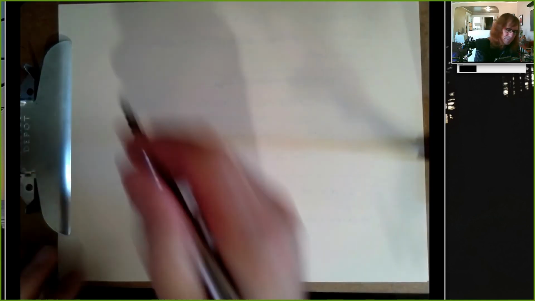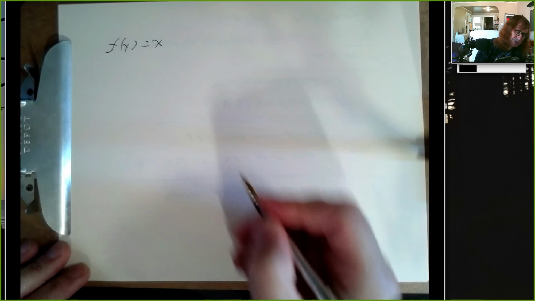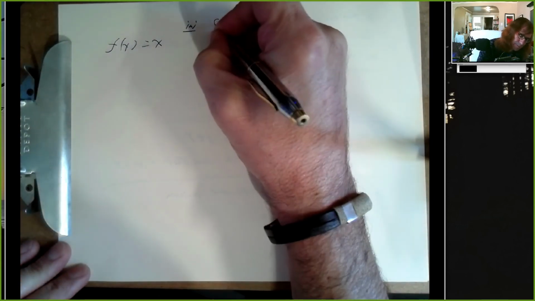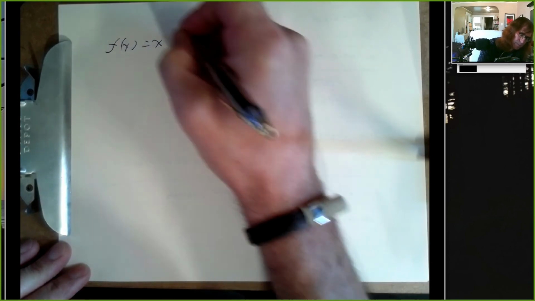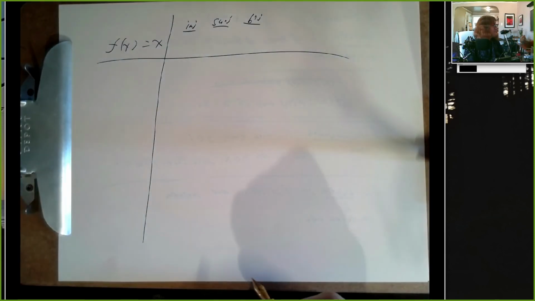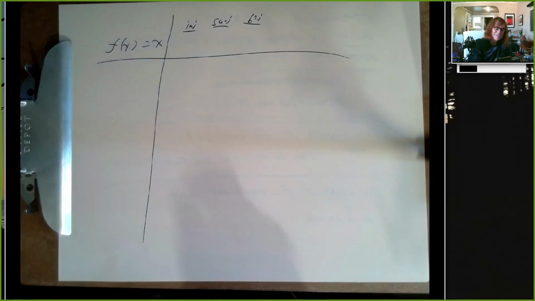All right, so some examples. f of x equals x. Is this injective? Absolutely. It's injective because the only time that f of x equals f of y is if x equals y.